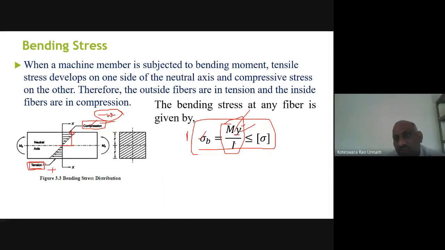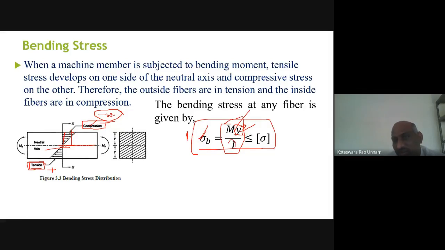So if you move away from the neutral axis, the stress values increase. If you come closer to the neutral axis, it decreases. Obviously, when y is equal to 0, that is the neutral layer, the stress is going to be 0. So y is the distance of the layer where you are calculating the stress, from the neutral axis. You need to calculate that.